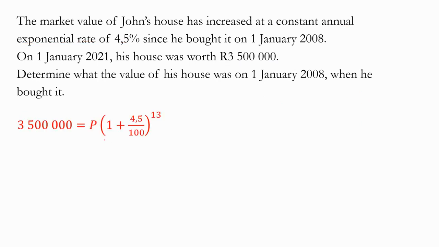We can divide both sides by this whole bracket here. So it becomes 3,500,000 divided by the whole bracket, 1 plus 4.5% to the power 13, is equal to P.